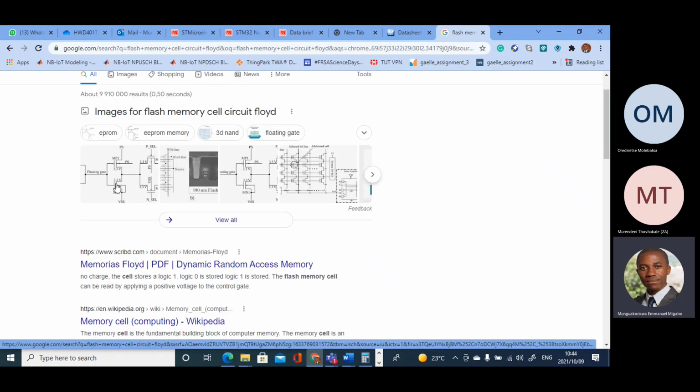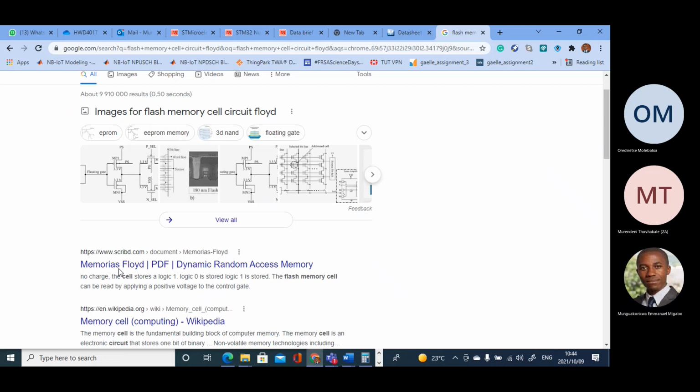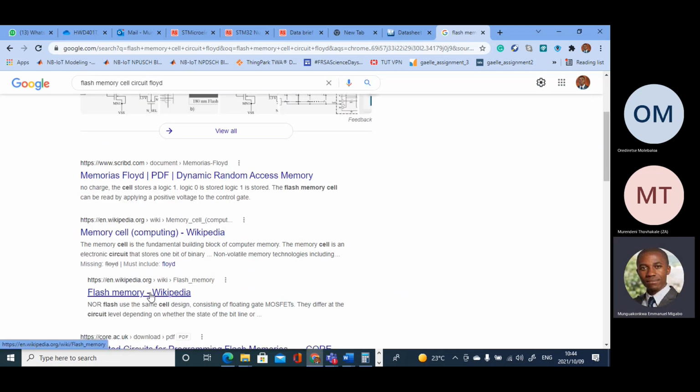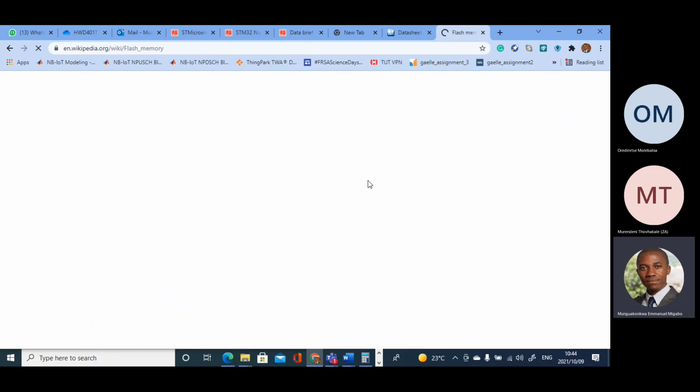It's exactly that. Memory cell. Let me see. Flash memory.